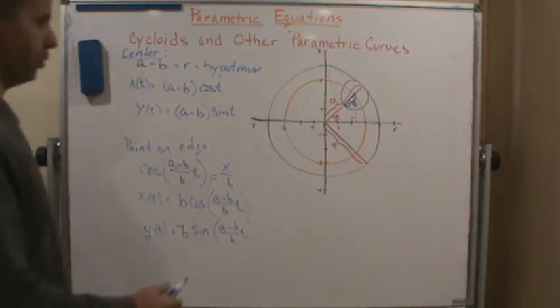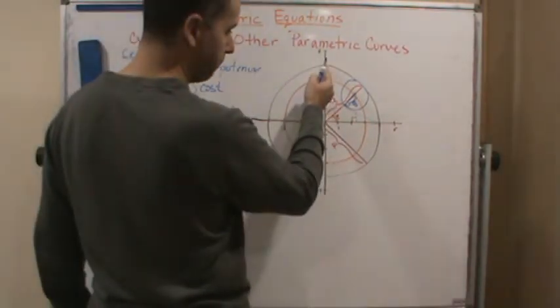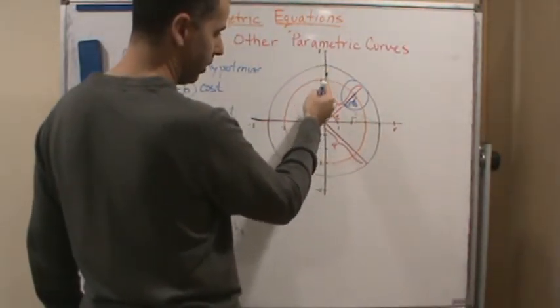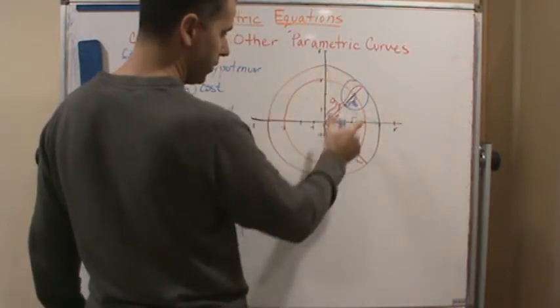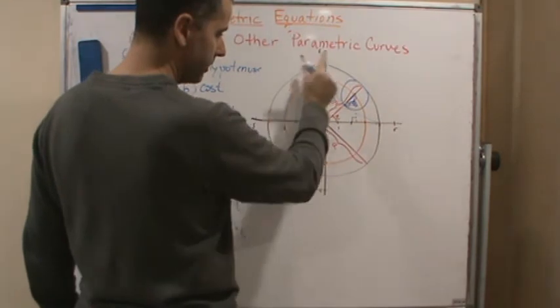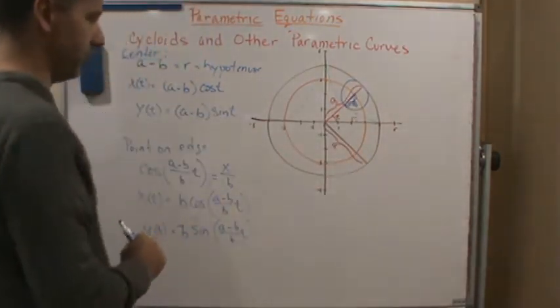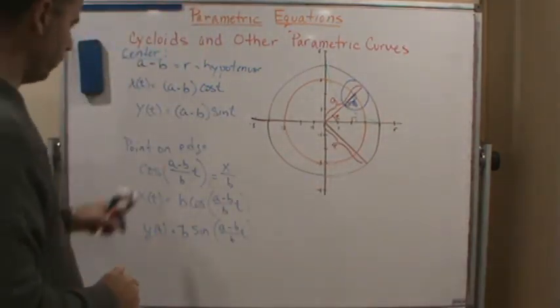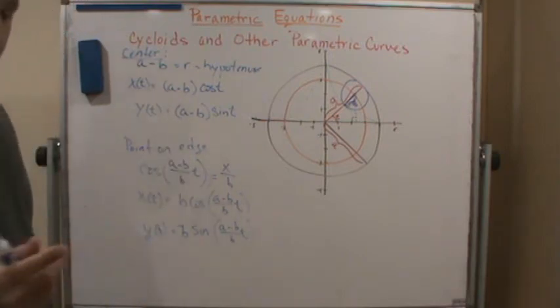And so to represent the parametric curve of this situation, where we have a smaller circle rolling clockwise inside of a larger circle, we are going to add these together, just like we did before.